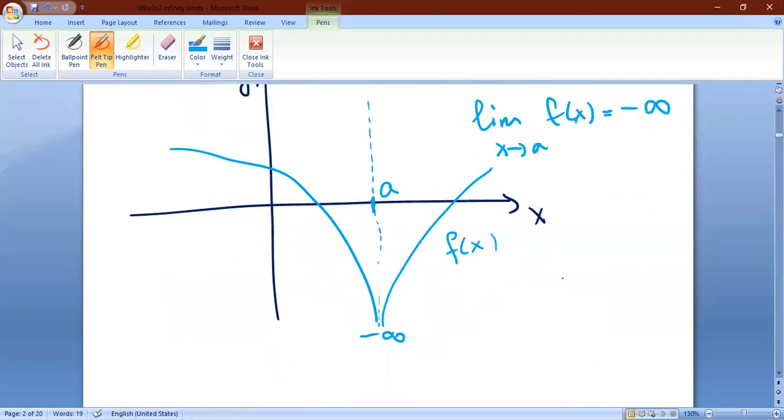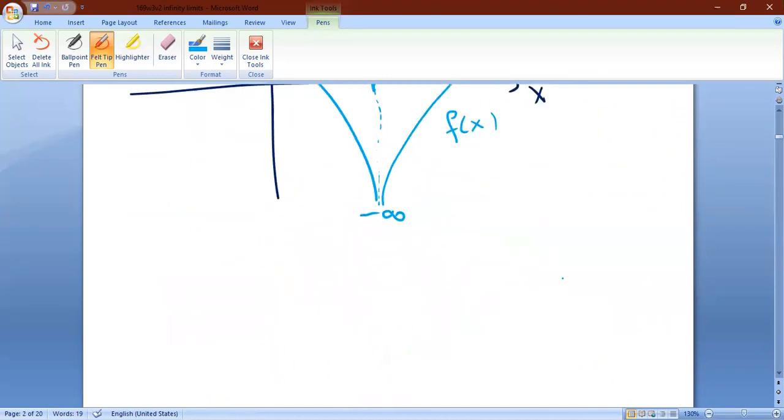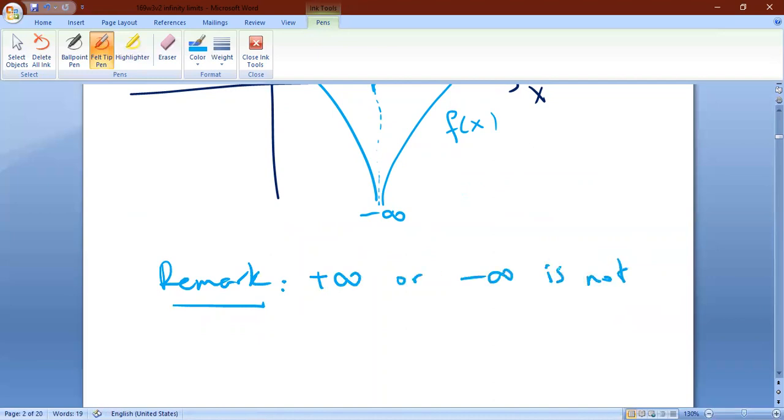Again, infinity plus or minus is not a number. Okay, here you should take this as a remark. Plus infinity or minus infinity is not a number because numbers are finite quantities. Okay, but infinity is not.